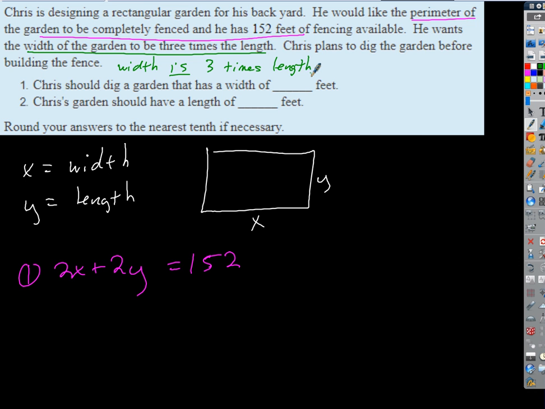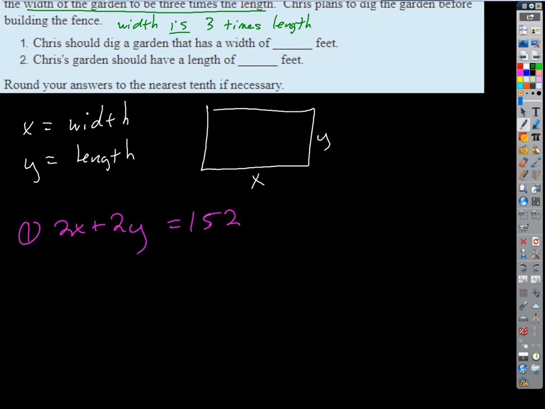That's kind of just a short summary using the word is, isn't it? Width is 3 times length. So how do we say that as an equation? Width is, the width is x, right? So width we replace with an x. Is means equals, and 3 times the length is just 3 times y, right?